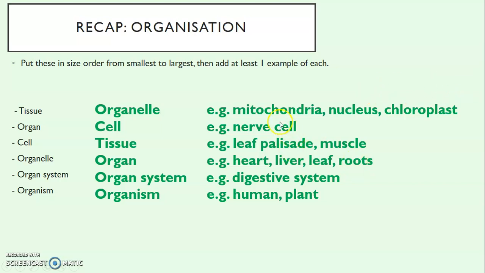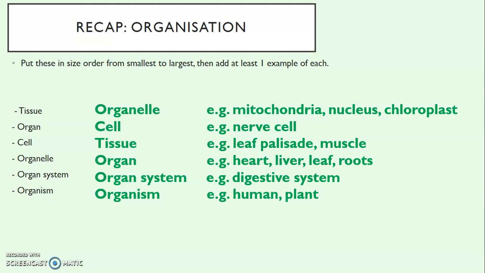The organelles, these were part of your facts, so you should definitely have at least one of these. Same for the leaf palisade in the tissues. Cell, you can have any type of cell. I've put a nerve cell down, but you could have egg cell, sperm cell, you could have palisade cells, loads of different cells.